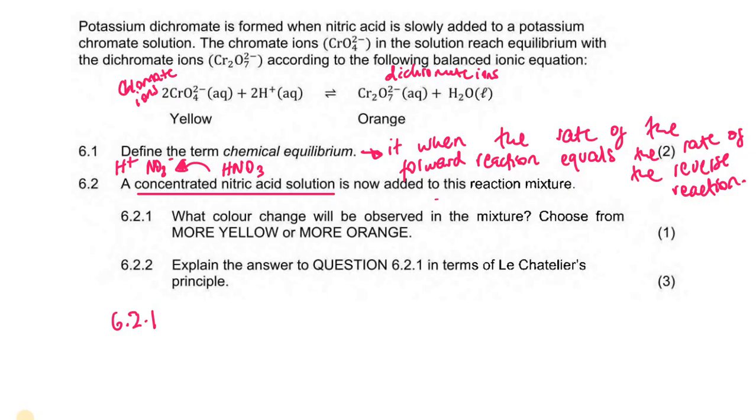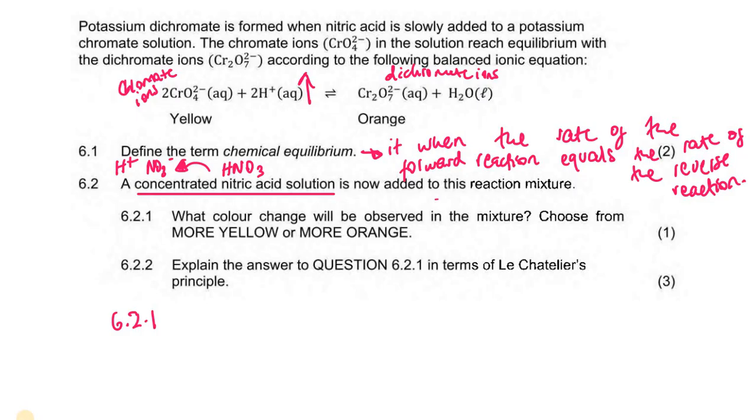Now good people, how does that help you? That helps remind you that because you have H plus and NO3 minus being added into the solution, you should already look at what you have here, what might be increased by adding HNO3. So the thing is, guys, you're gonna increase H plus because it is the one that is here, you see. So that means the concentration of H plus is gonna increase.